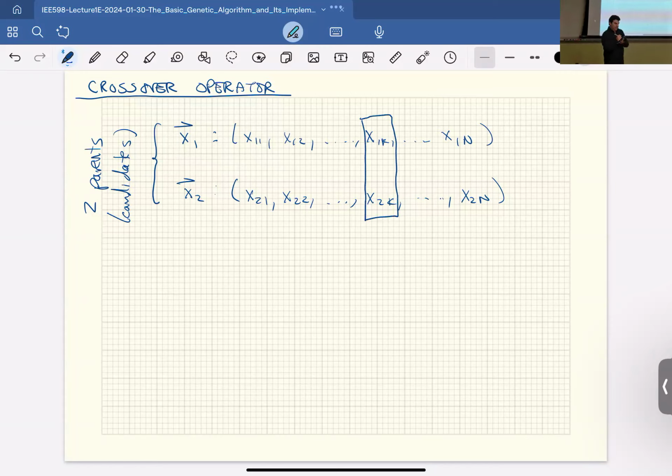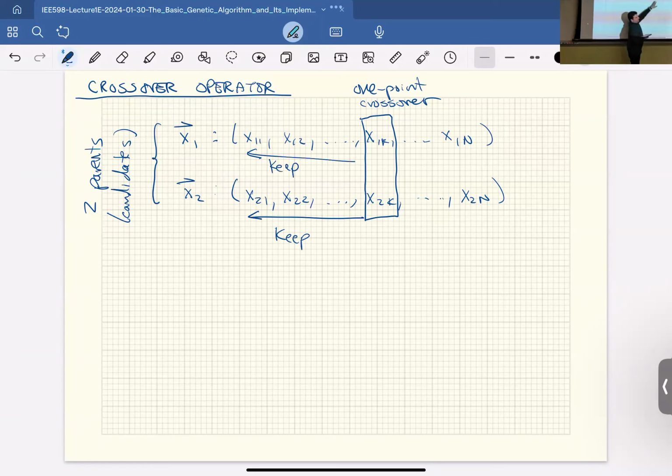And so in this 1-point crossover, the offspring keep everything from the parent's left side of this point, but then they swap everything here so that you end up producing two offspring.